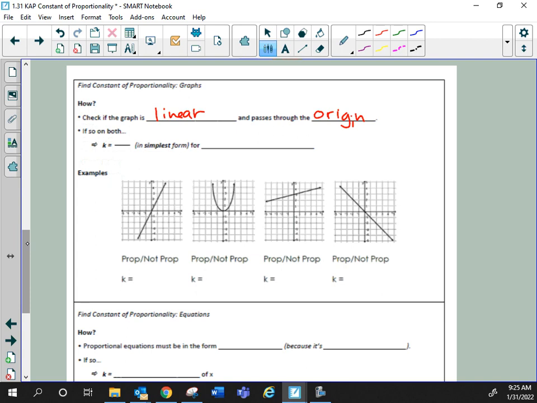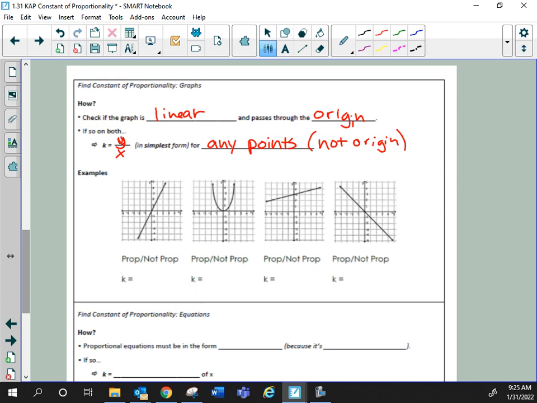It's proportional. And then to find the constant of proportionality, you put y over x in simplest form for any and all points, except for, what points do we never use? The origin. Y'all have said that quite a few times.